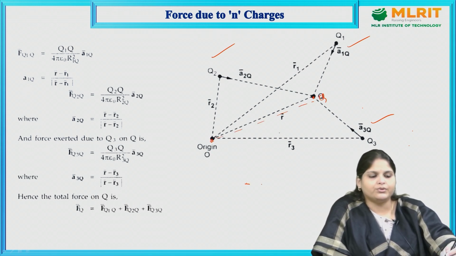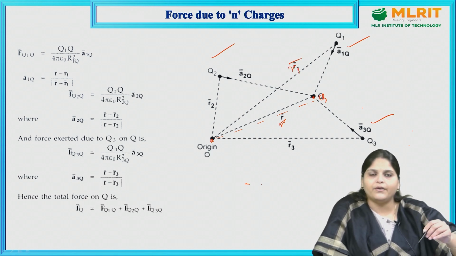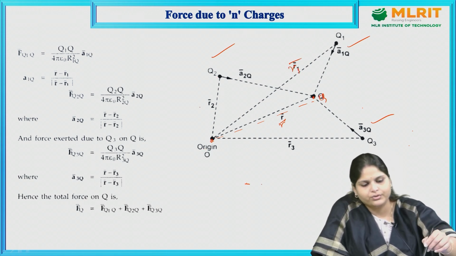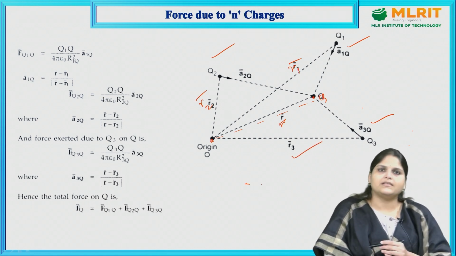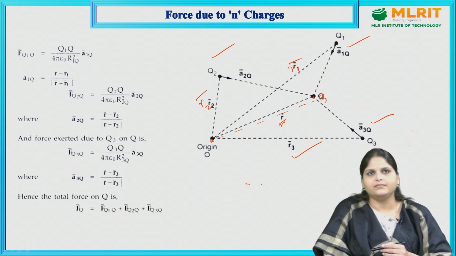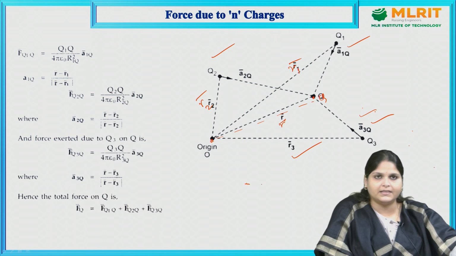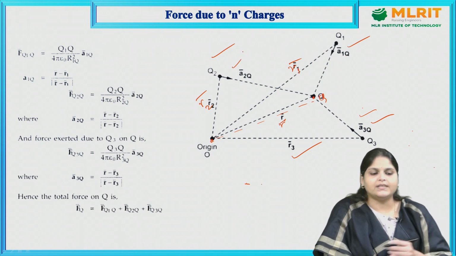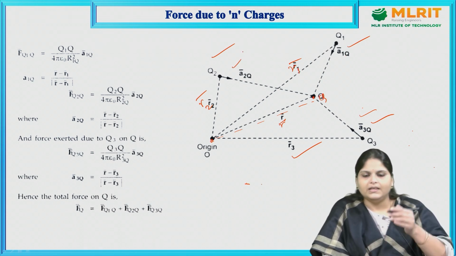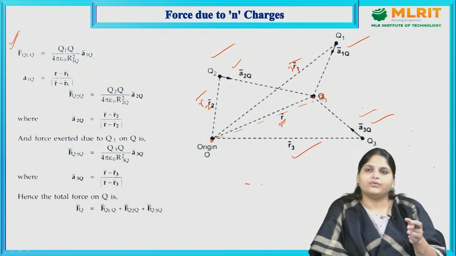So, from origin to Q we have distance R, from origin to Q1 the distance is R1, from origin to Q2 the distance is R2, and from origin to Q3 the distance is R3, right? Also we have unit vectors. For Q3 the unit vector is A3Q, for charge 1 the unit vector is A1Q, and for charge 2 it's A2Q. Now, the first force we have written here is the force on Q due to charge Q1.